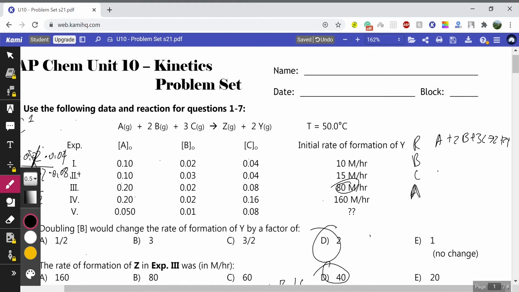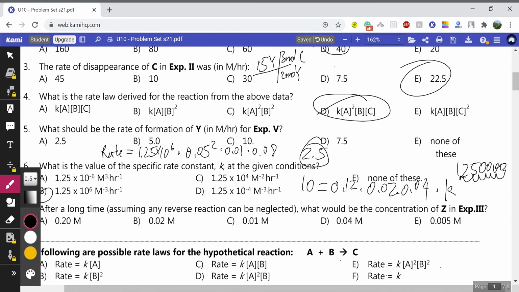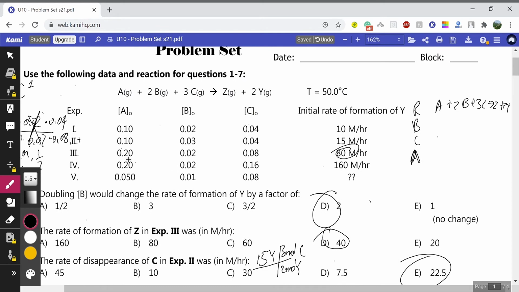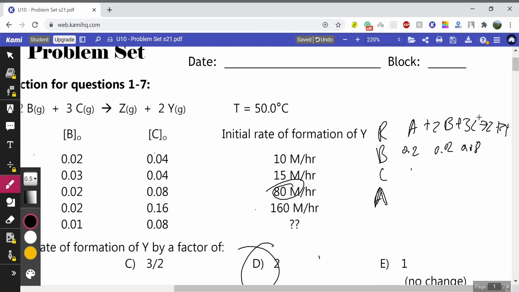We're using experiment 3. So A will be 0.2, B will be 0.02, C will be 0.08. Now, which one is the limiting reactant?